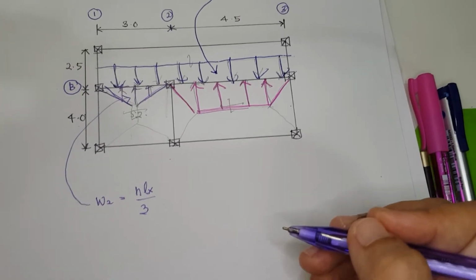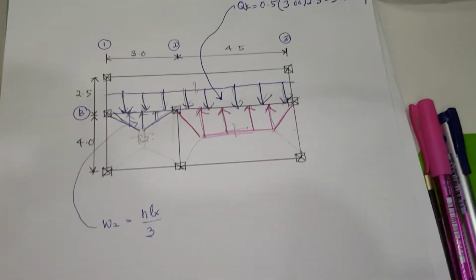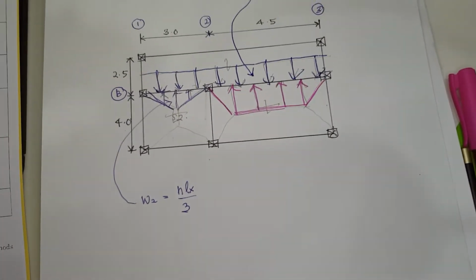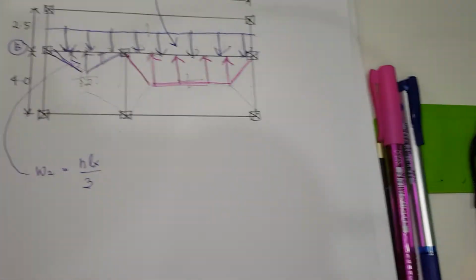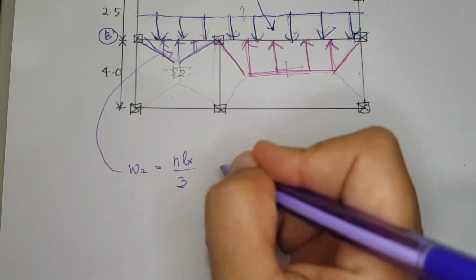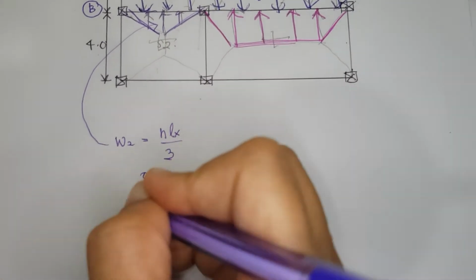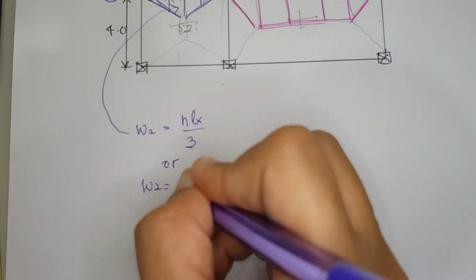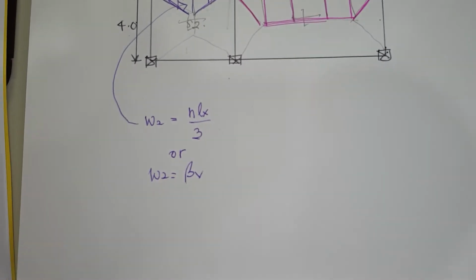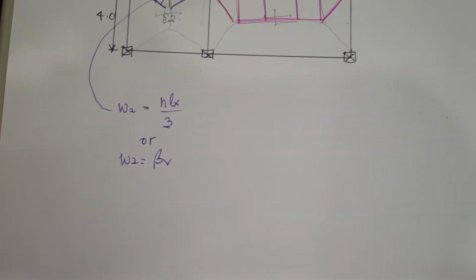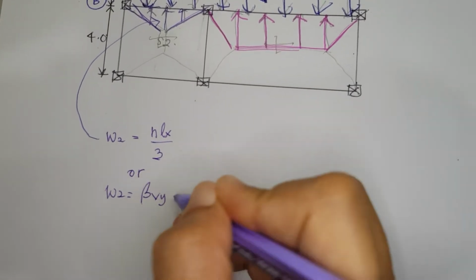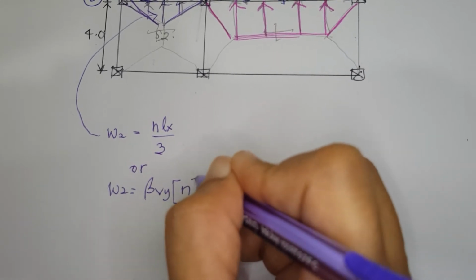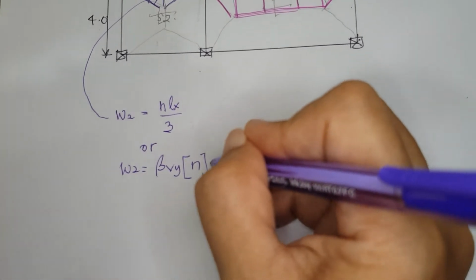Or we can use table 3.15 using coefficient, and the equation is beta vy multiplied with n multiplied with lx.